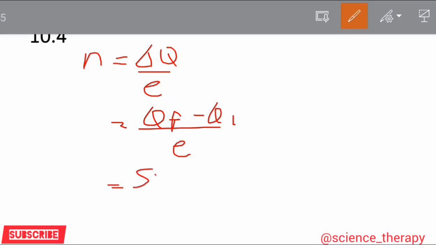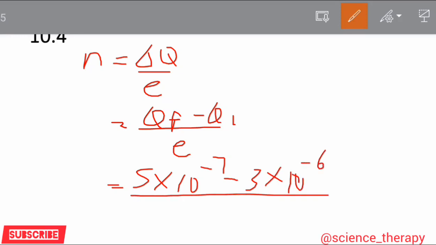So this is 5 times 10 to the power of negative 7 minus, but the Q initially for sphere A is 3 times 10 to the power of negative 6. Then that over, now we know if we have to subtract this one, our answer will come out as a negative.